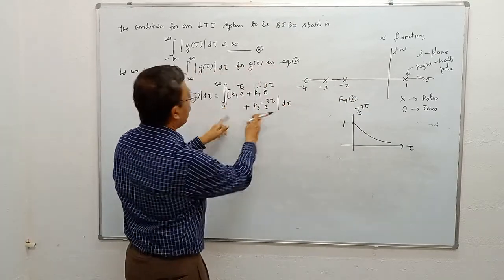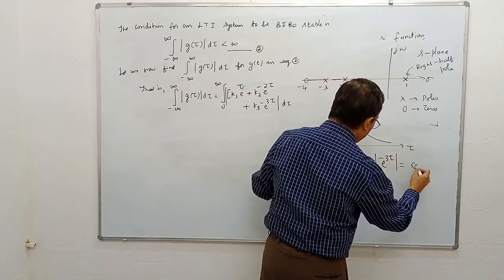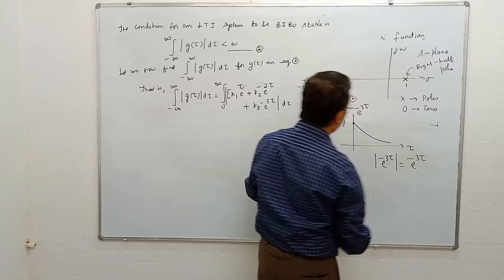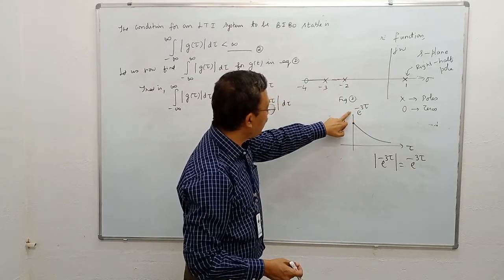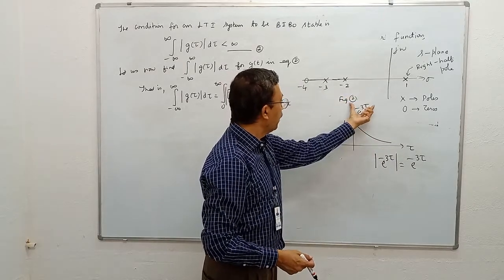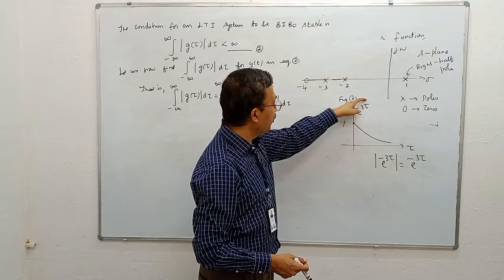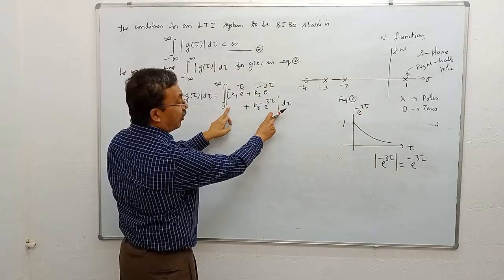Therefore, modulus of e^(-3 tau) is the same as e^(-3 tau). Even if you take the modulus, the curve will not change. That means this modulus can be dispensed with.